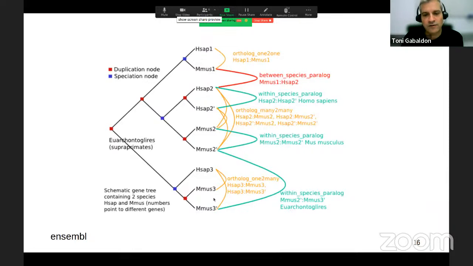This leads to very intricate relationships in which we can have one-to-one orthologs, but also many-to-many orthologs. And we also have within-species paralogs and between-species paralogs. So just to remind you that resolving these orthology and paralogy relationships is sometimes a bit tricky.